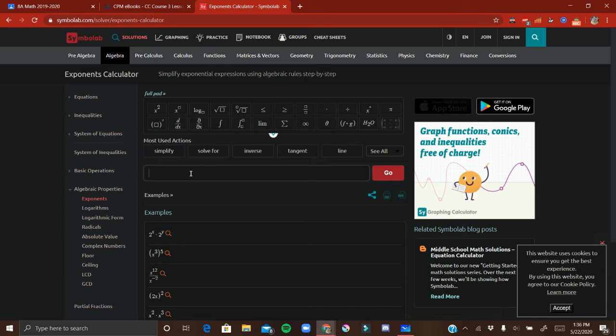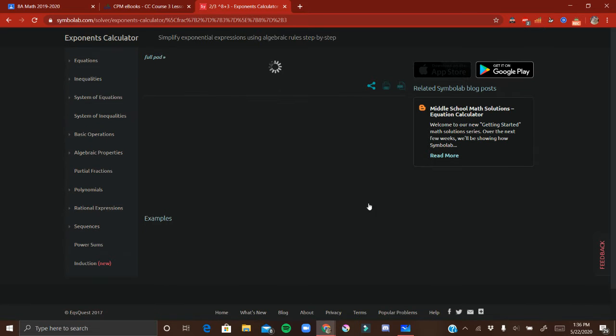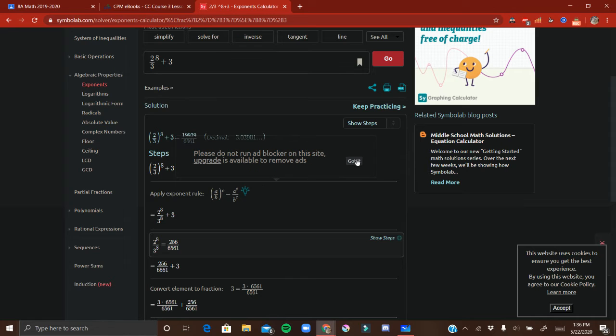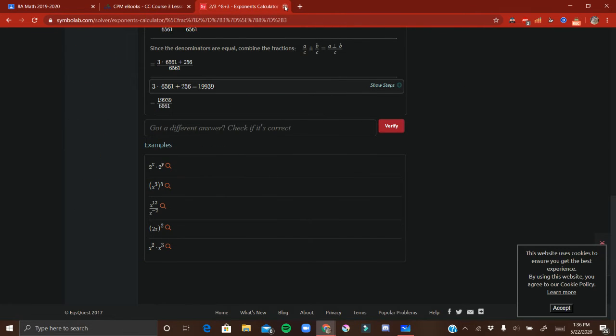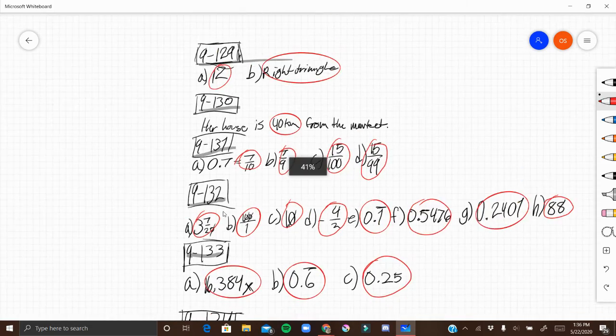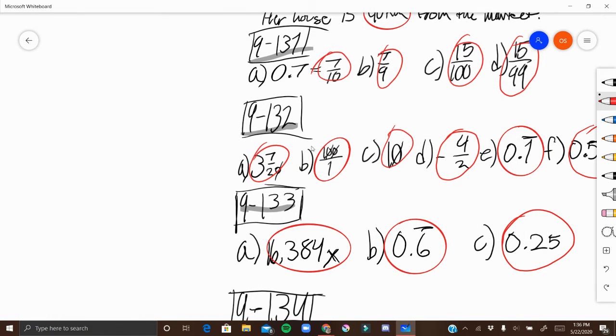For example, you can put 2, click the fraction one, 2 over 3, and then put this over 8, plus 3, and it'll calculate it for you. It'll show you the steps so you can do it by yourself. But these might be a little bit confusing. Just simplify it. I wrote down all the answers, but I'd suggest doing the Symbolab thing because I feel like the teacher wouldn't give you full credit if you didn't show all the work.